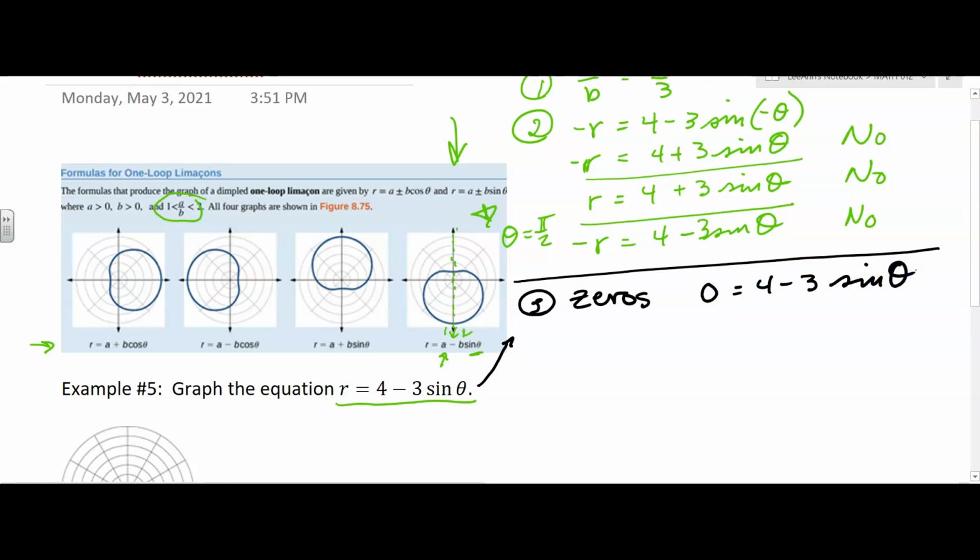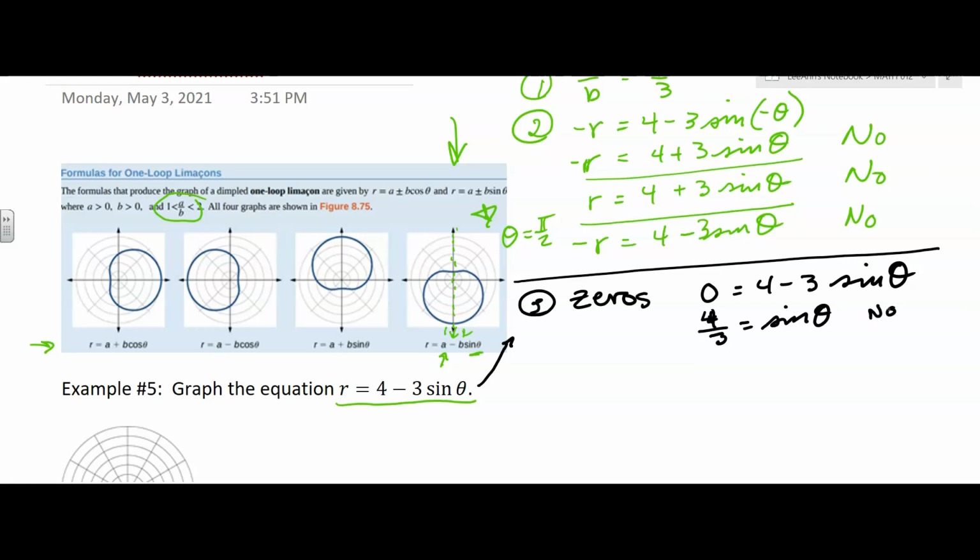So if I do a little bit of algebra, I'm going to get 4 over 3 equals sine theta. That's a problem, right? Because sine only has a range of negative 1 to 1. So this is not possible. No, this isn't going to work. You can do inverse sine, but you're going to get a domain error on your calculator.